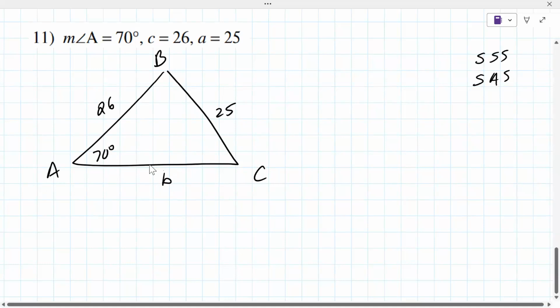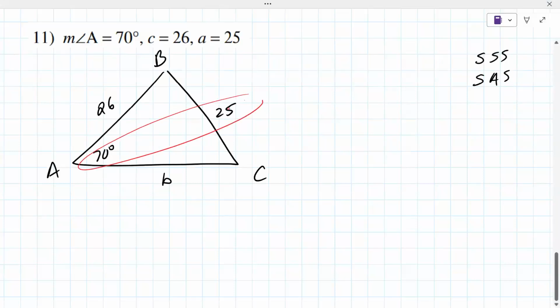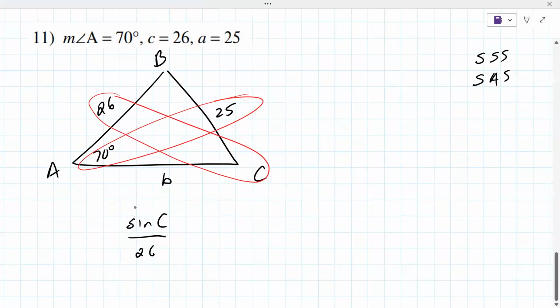Oh, it has to be law of sines. Yes. So with law of sines, you've got what I keep referring to as the side angle pair, and then you use the other side to find the missing angle. So in this case, the sine of C over 26 equals the sine of 70 over 25. So could you attempt to solve for C, please?